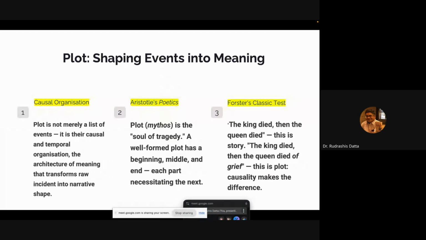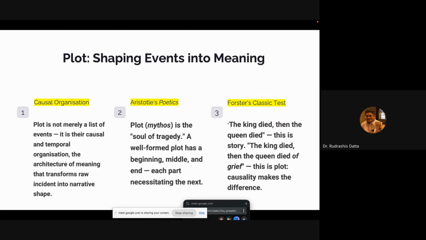That story is a plot if there is a cause and effect relationship between its events. As you can see in the first part of this slide, a plot has a causal organization.